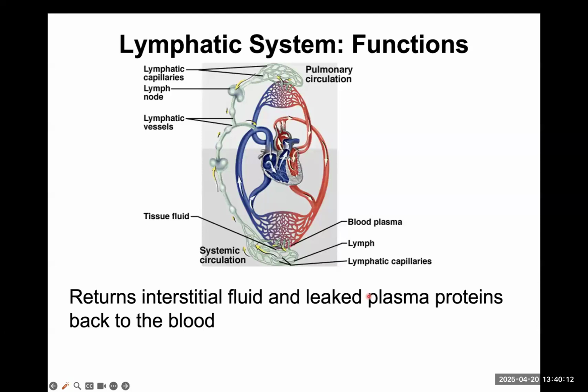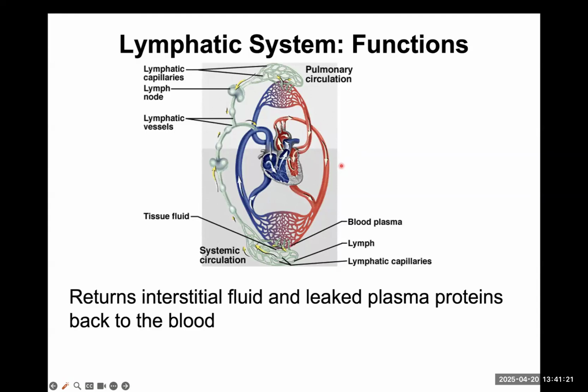The first part is about the lymphatic vessels and what they are. The first thing you need to understand is the circulatory system, that's your blood, your arterial and venous circuit. In your blood vessels, fluid sometimes leaks out of your arteries and veins and goes into your tissues.